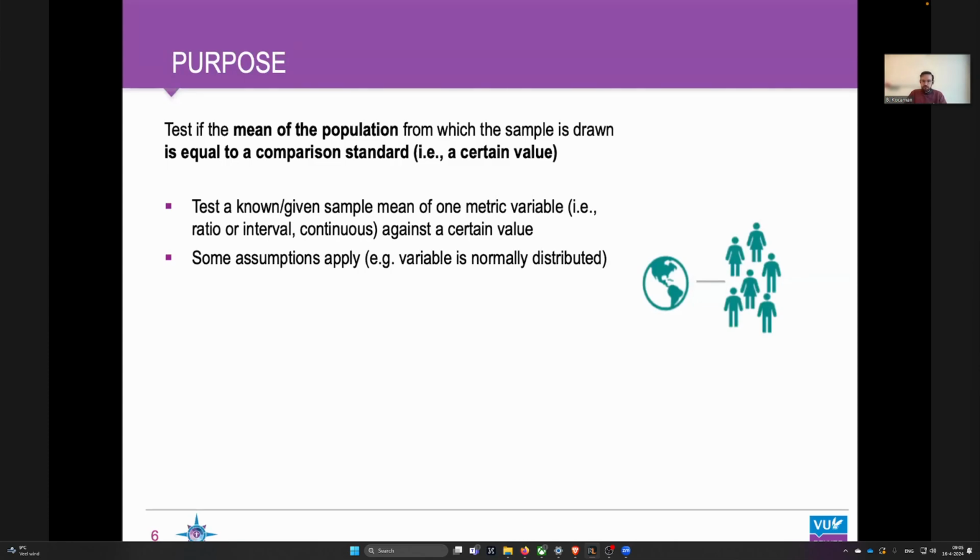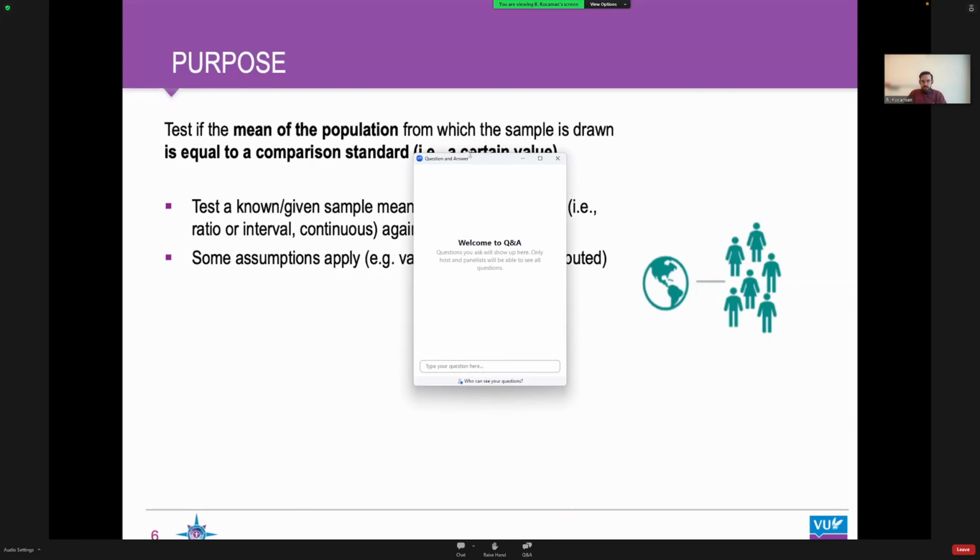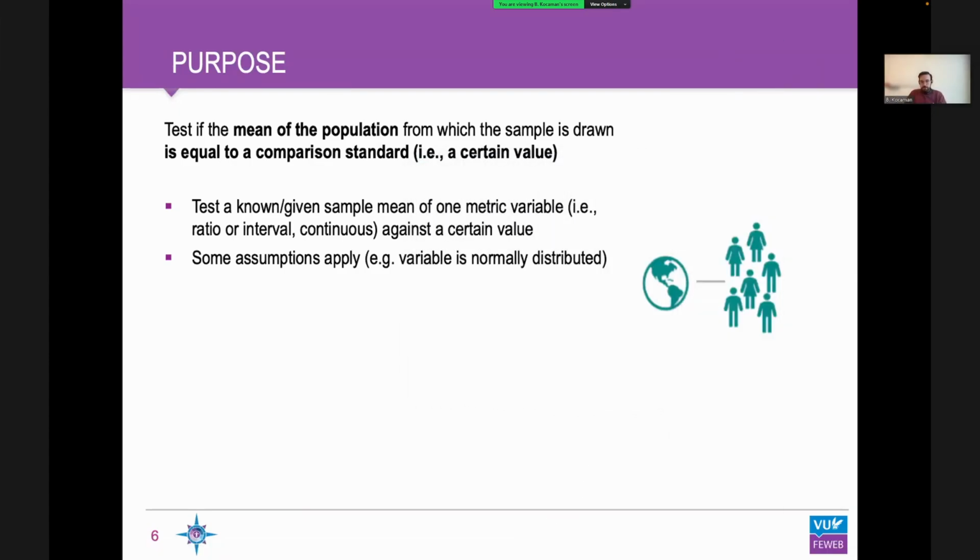At the end of the sampling part, we said we have non-probability sampling and probability sampling, and all of these methods of hypothesis testing assume random sampling. So that's one thing. Another is that we assume the variable that we are interested in, for instance the mean perception of a brand, is normally distributed.